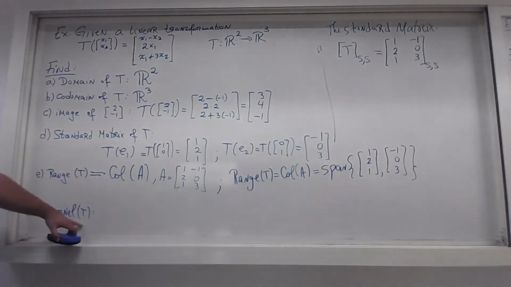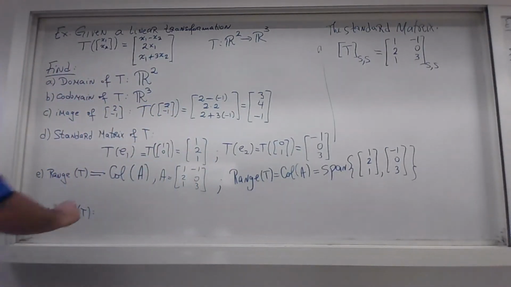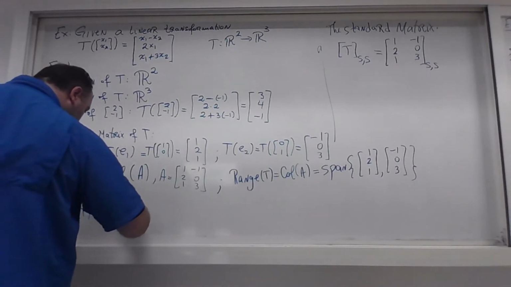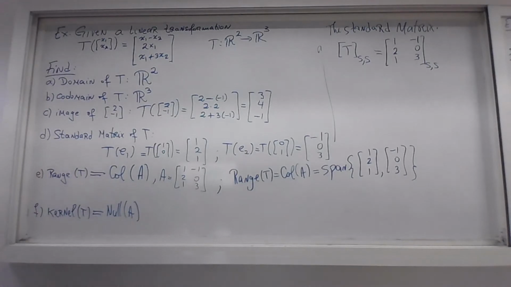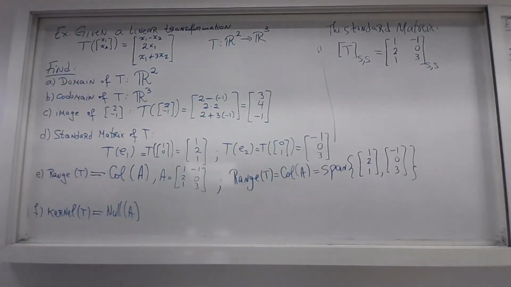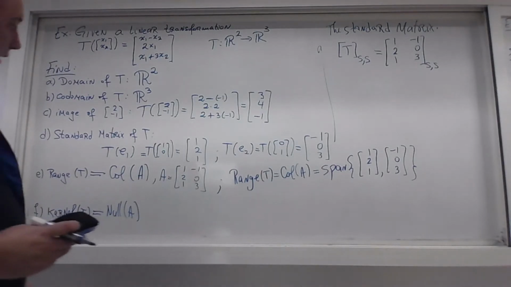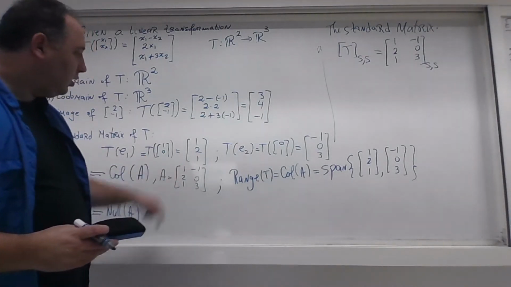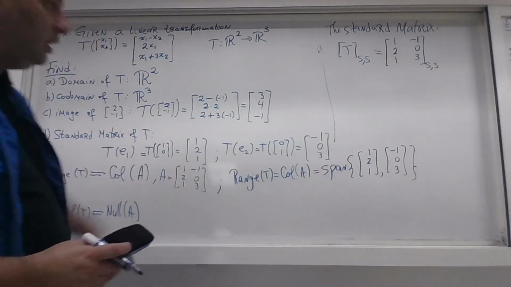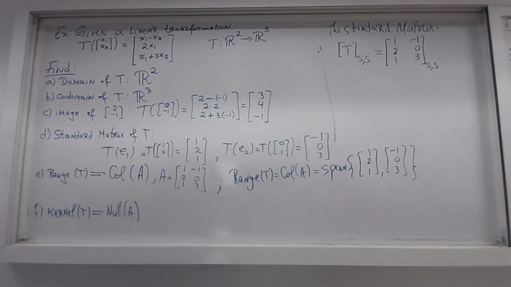So what's the kernel of T? That's the same as the null space of the matrix A. So the big question, what's the null space of this matrix? Well, I already know that the column space is generated by two vectors, so the dimension of the column space is 2, that means the rank is 2. That means I have two linearly independent columns, so there's no free variables here.